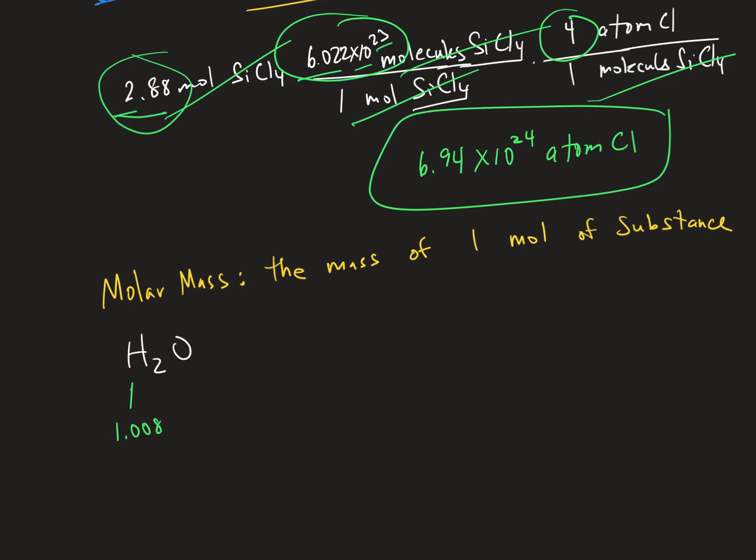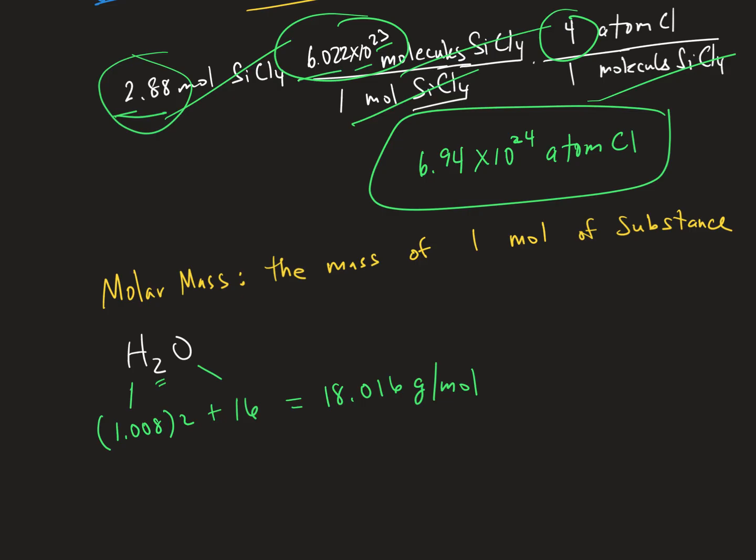And then we're going to do what with it? Multiply it by 2, because there's 2 of them. And we're going to add to that the atomic mass of oxygen, which is 16. And that goes to 18.016 grams per mole. You with me?